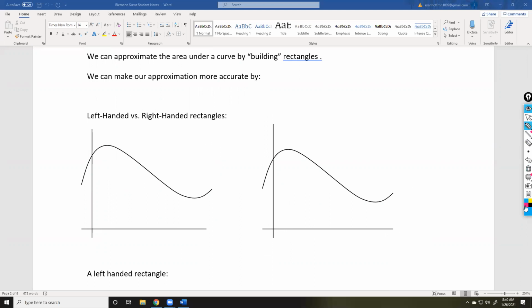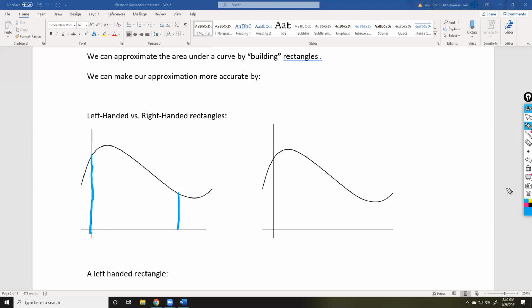So for left-handed versus right-handed, what that means is that, let's say we're going from 0 up to this point over here.